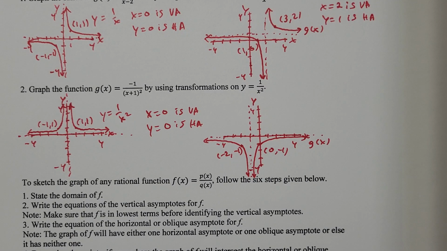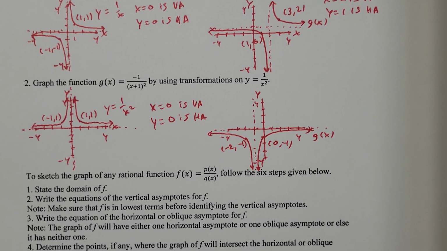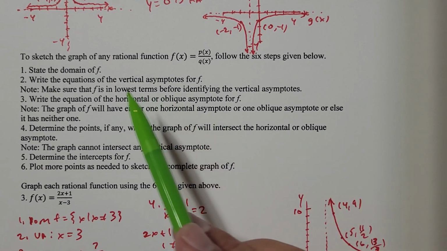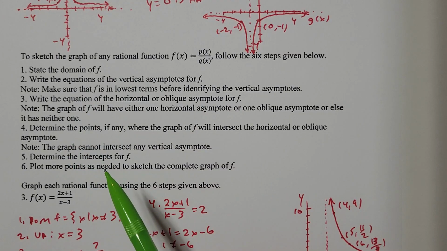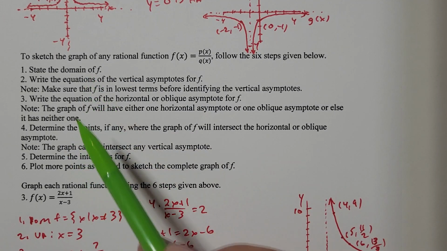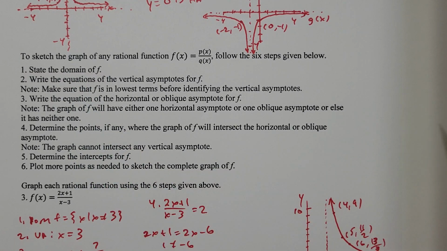That's hardly ever going to happen. Okay, so to me, the more important thing here is going to be this other way to graph a rational function, which is just to use a list of steps. Okay, so we'll talk about that in the next video there.